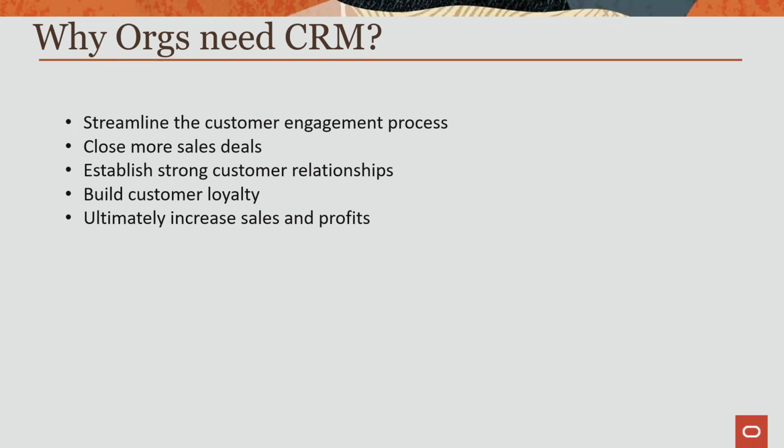This way upselling or cross selling will happen, so the company ultimately will get more revenue, because they are happy and they are buying products from you. Ultimately your sales will increase and your profits will increase, and you can grow your business, you can expand your business. So all this will happen.